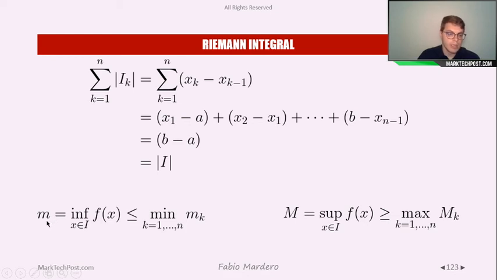Also, the infimum here is less or equal than the minimum of m_k. And then the supremum of f(x) is greater or equal to the maximum of our suprema in each bin.